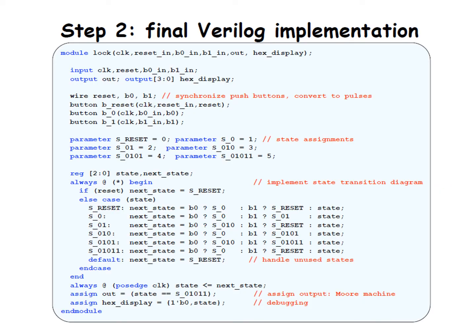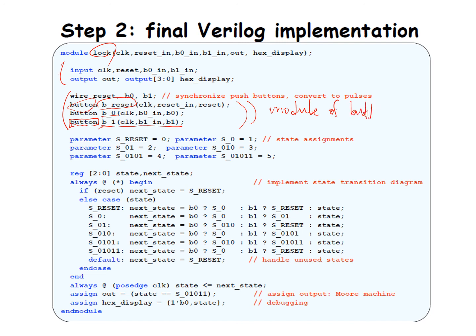This is the final Verilog implementation for the lock. We have input output definitions, we define the wires, and we have a button. We use the button module here, button 0, button 1, and reset button. The definition of the button, we already showed before, right? Look at that button module, which follows the module definition of button.